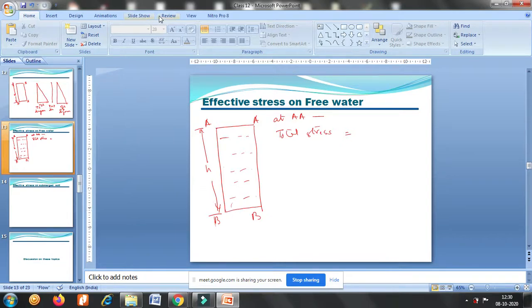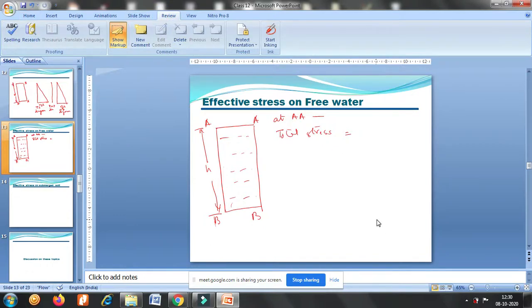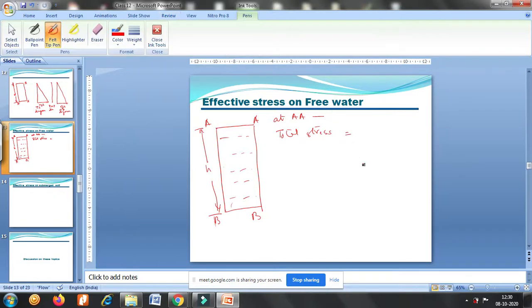So let us write down first. The total stress at the point AA is equal to 0. Then the pore water pressure at AA, how much? It is the top of the water surface.